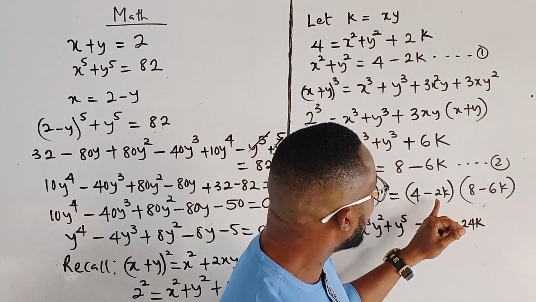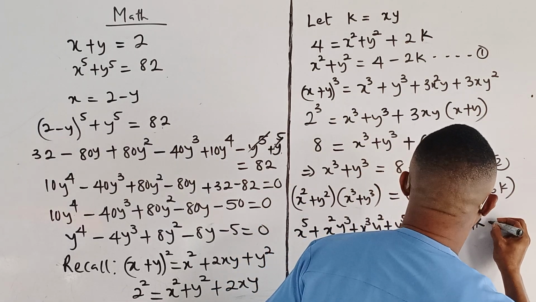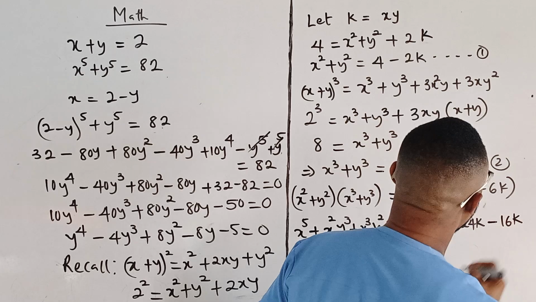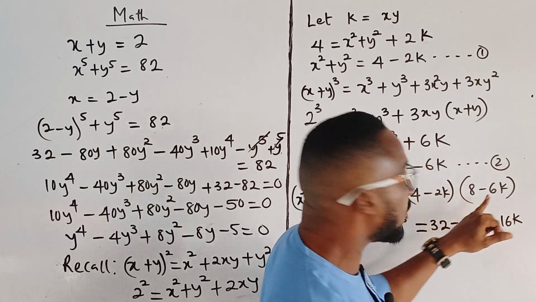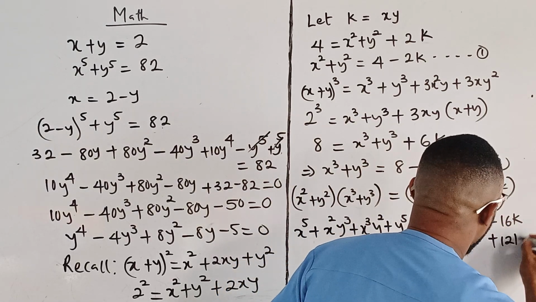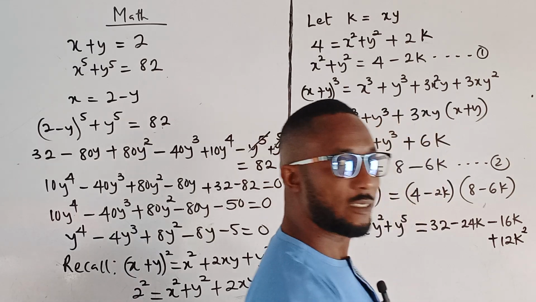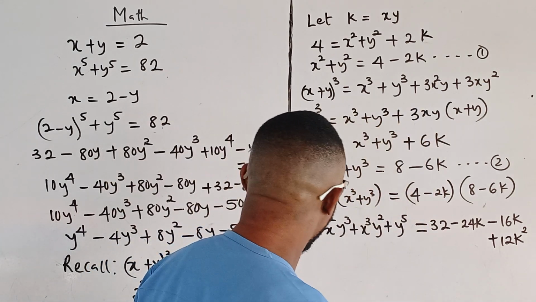I will then use negative 2 to distribute this second parenthesis. I'll be having negative 16k. Then the last one will be negative 2k multiply negative 6k, which is 12k squared. This is interesting, right?